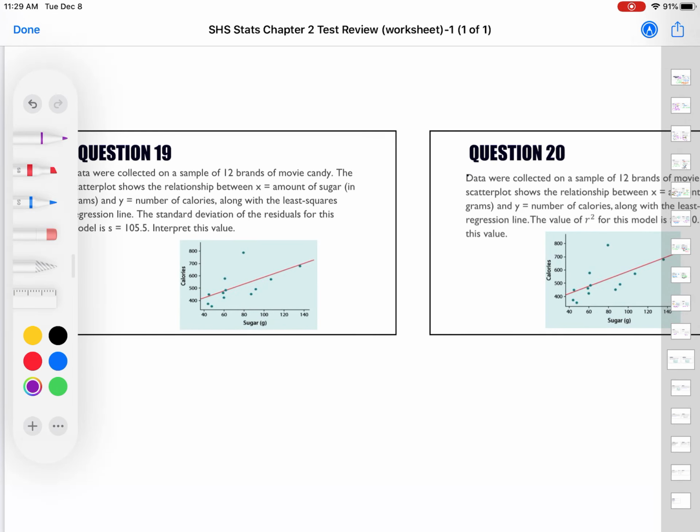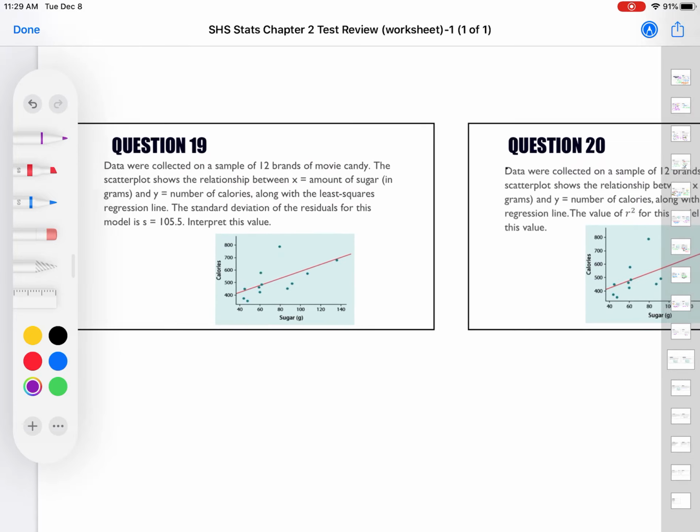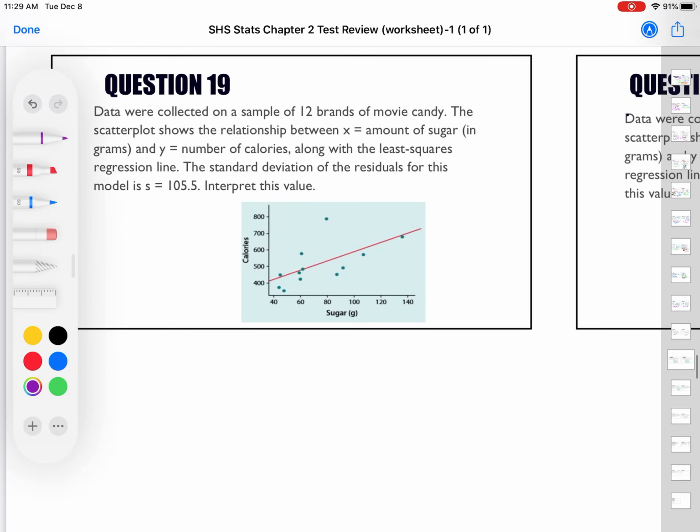That means it's closer to that line that we were predicting. Okay, we got some graphs here. What can we do with these graphs? Here's the data collected on 12 brands of movie candy. The scatter plot shows the relationship between X amount of sugar and the number of calories along with the least squares regression line.